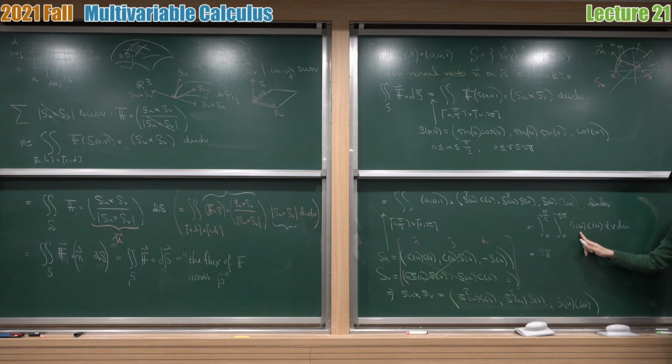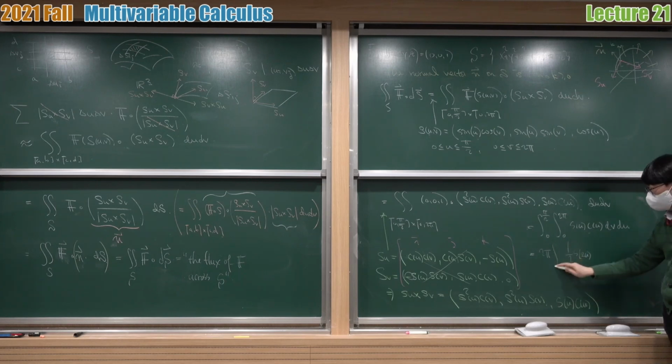And when you take the integration over U, maybe it's 1 over 2 sine 2U. Right, so the integration from 0 to pi over 2 of 1 over 2 sine 2U dU, and we have 2 pi times minus 1 over 4 cosine 2U from 0 to pi over 2.